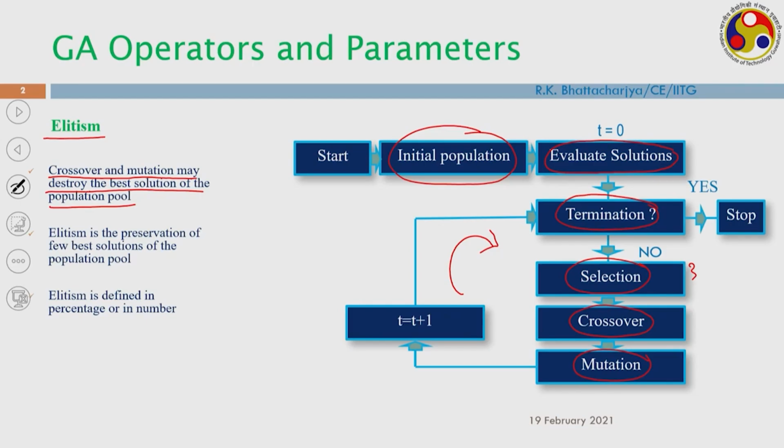I want some of the better solutions not to go through crossover and mutation, but to go directly to the next generation, so that we can preserve them. That process is known as elitism. So I have defined here what elitism is: elitism is the preservation of the best solution of the population pool.